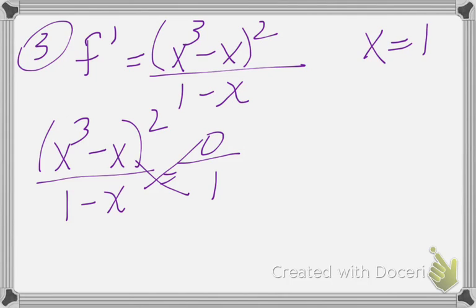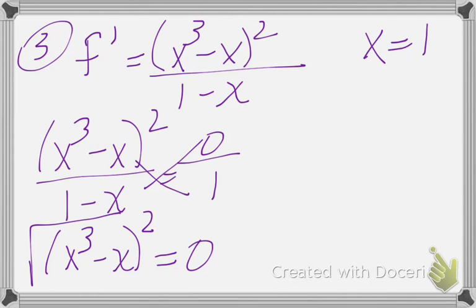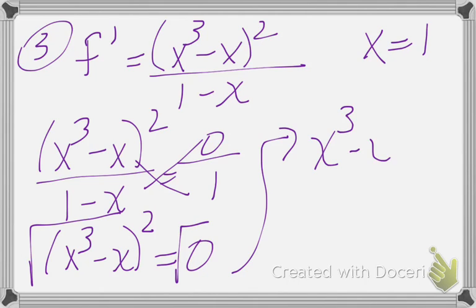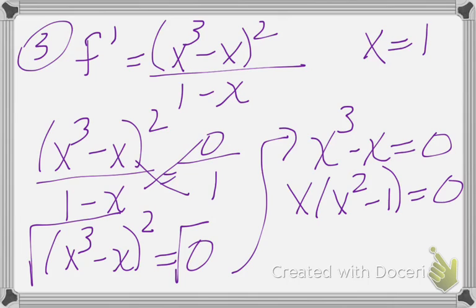Cross multiply. And I'm going to get x cubed minus x squared equals 0. Okay, take the square root of both sides, and I'm left with x cubed minus x equals 0. Factor out an x, and I get x equals 0, and x squared equals 1.